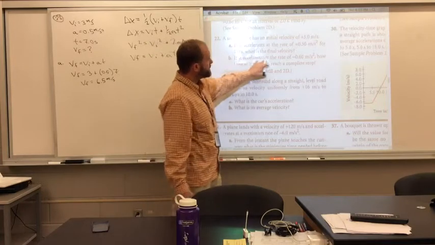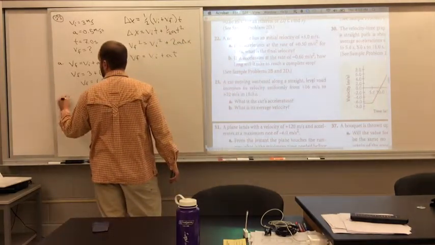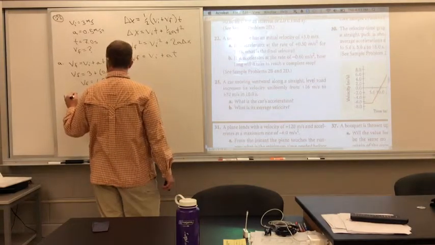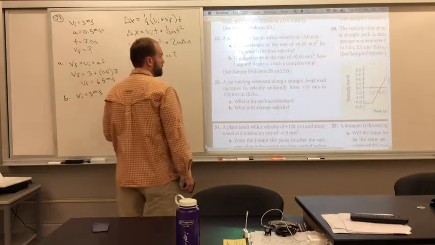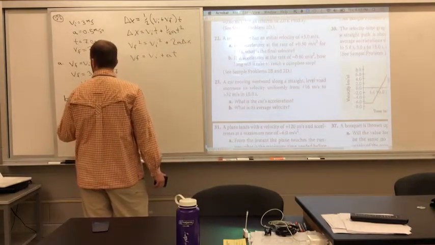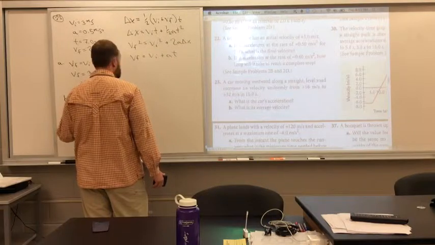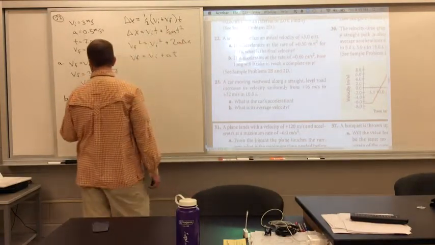Now they changed the acceleration for B. So for B, we've got the same givens. Still got VI of 3 meters per second. It's still got an unknown VF.